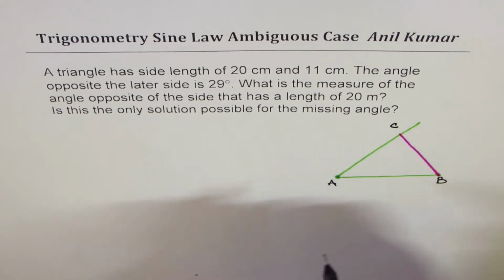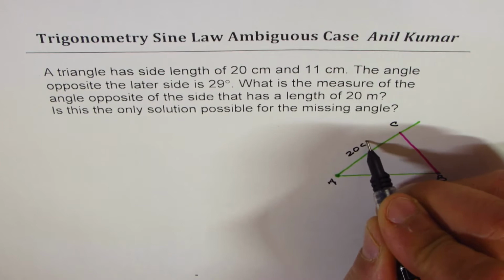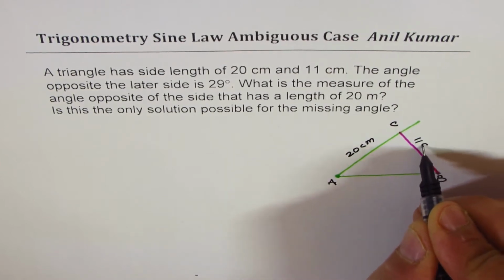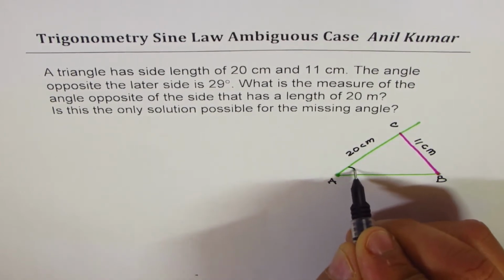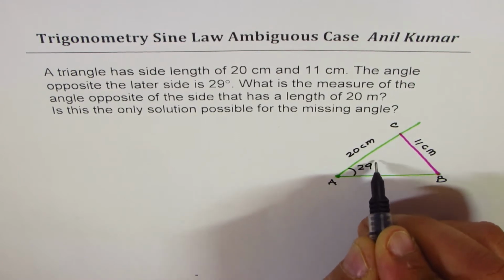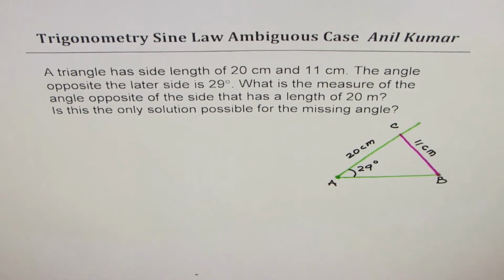In triangle ABC, the two sides are 20 centimeters and 11 centimeters. The angle given to us is 29 degrees, which is opposite 11 centimeters.